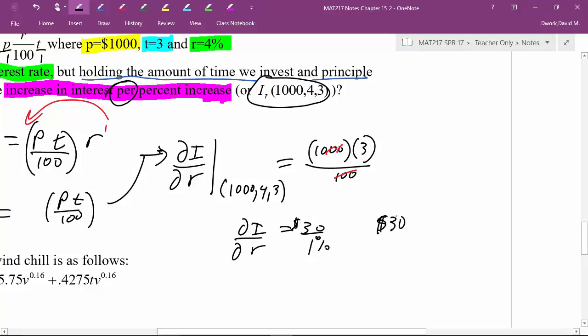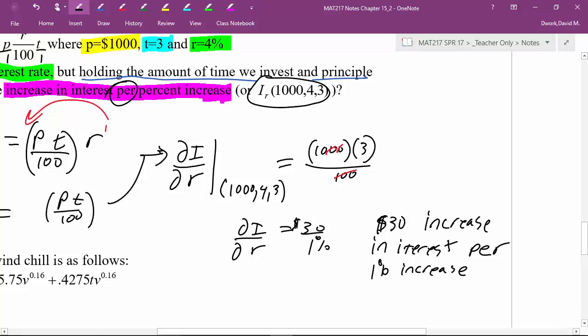We had a $30 increase in interest per, because there's the division, 1% increase. Okay, but notice we're not done yet. Okay, but that's the big idea. The interest went up $30 per 1% increase in interest. So if instead of going from a 4% to a 5% interest rate, we'd go up 30 bucks.